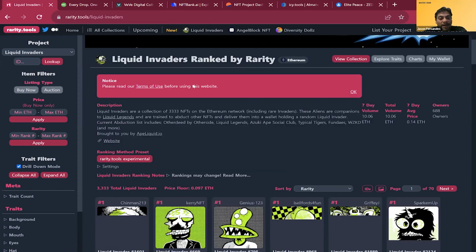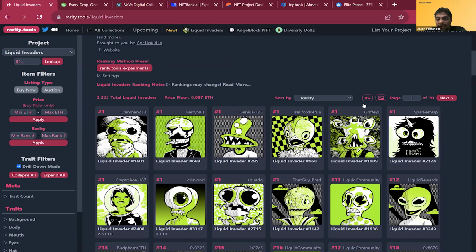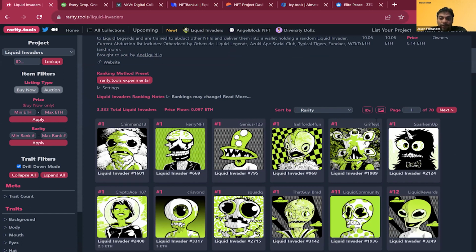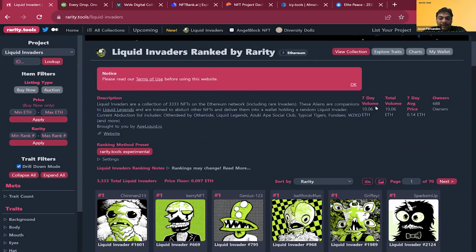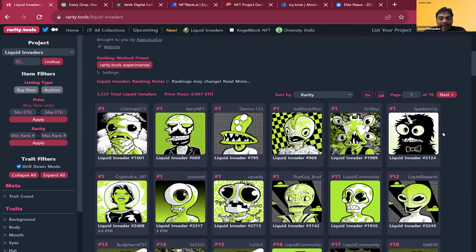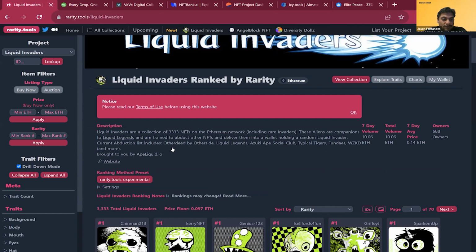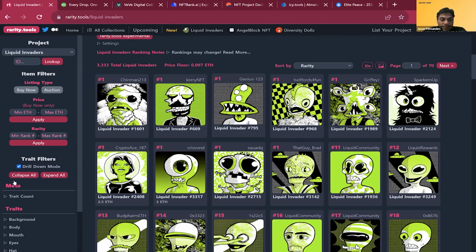There's another NFT collection. And you can see these look like they're actually doing pretty well. So for example, you have 10 Ethereum of volume on a 7-day period. The total volume is 10 Ethereum, which implies that this is only about 7 days old. So this is probably a fairly new collection. Already has 688 orders, right? So super useful. Then you can take a look at the trade count, backgrounds, bodies.